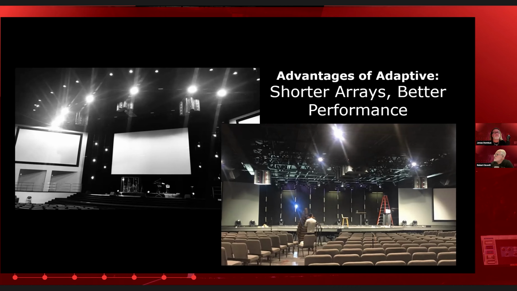With these shorter arrays, we're able to do that and still get the performance that is needed for these performance systems. The one on the right, you see it's a very, very low ceiling, and they still have video screens, and we're able to get line array performance out of something that's very, very short.